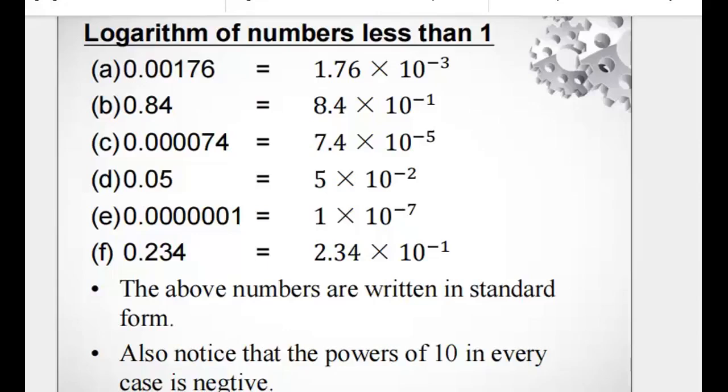From A to F, you have 0.00176, 0.84, 0.000074, and so on. As you can see, they are all written in standard form, and as you've learned initially how to write such numbers in standard form.